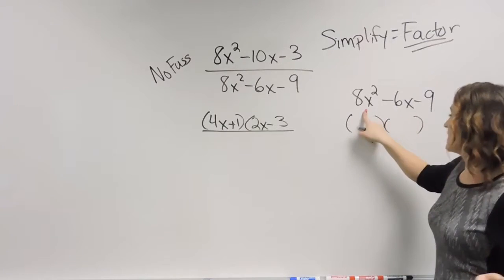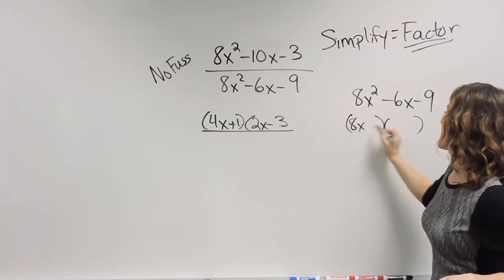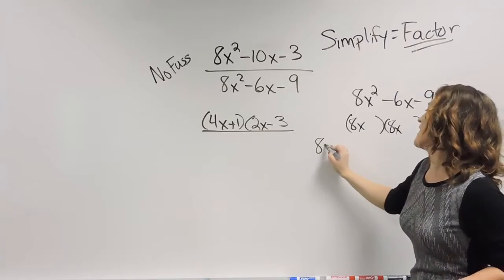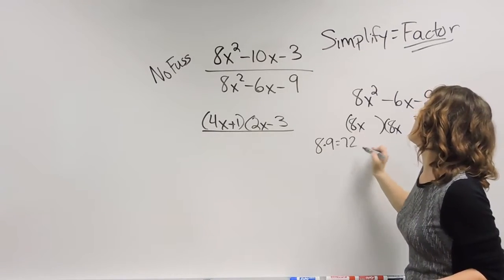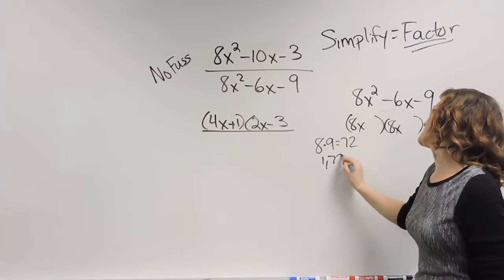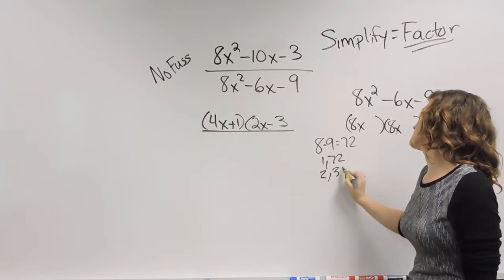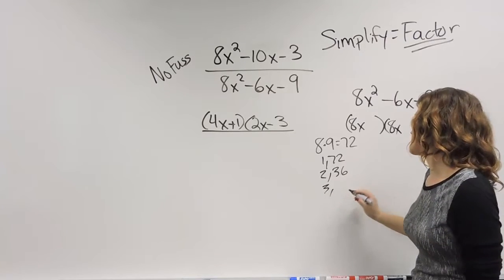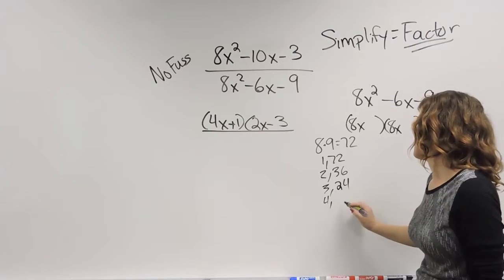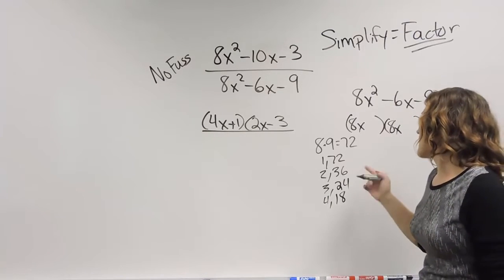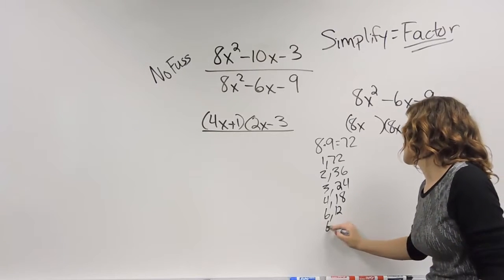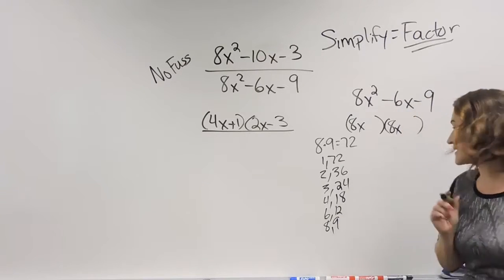Starting by repeating the first term: 8x, 8x. Then do first times last. 8 times 9 is 72. Factors of 72: 1 times 72, 2 times 36, 3 times 24, 4 times 18. 5 doesn't go in, 6 goes in 12 times, 7 doesn't go in, but 8 times 9 does.